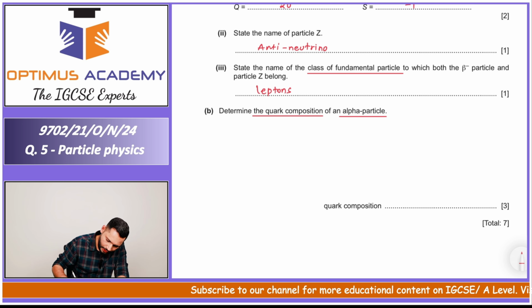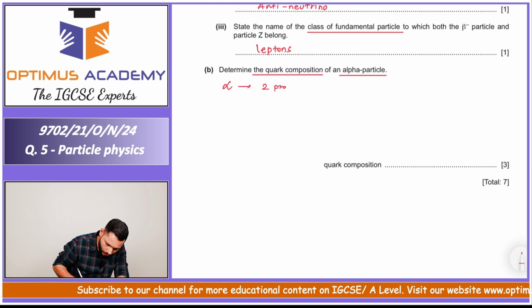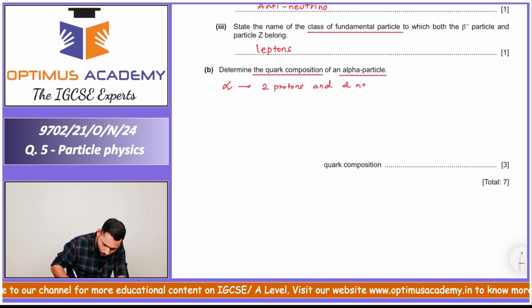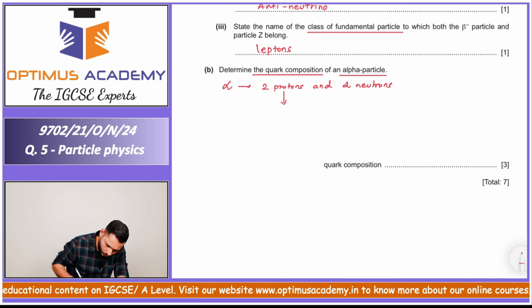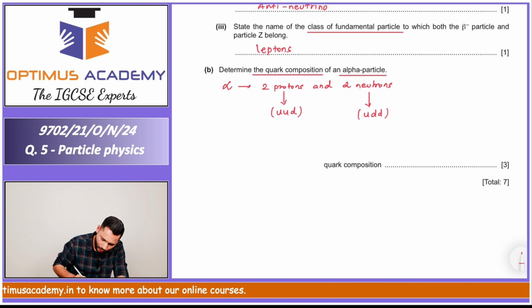So you know that alpha particles contain 2 protons and 2 neutrons. Each proton composition is 2 up quarks and 1 down quark, whereas for each neutron, the composition will be 1 up quark and 2 down quarks.